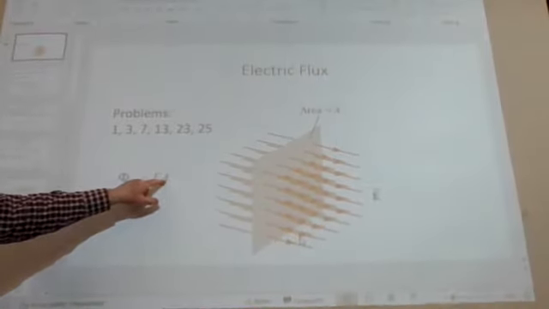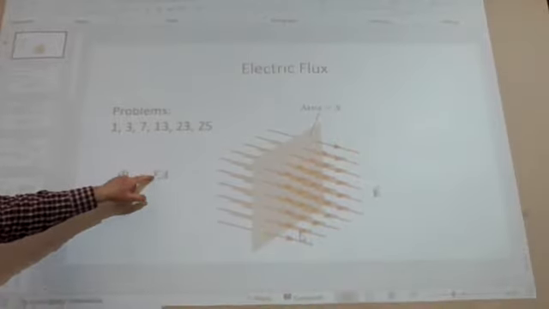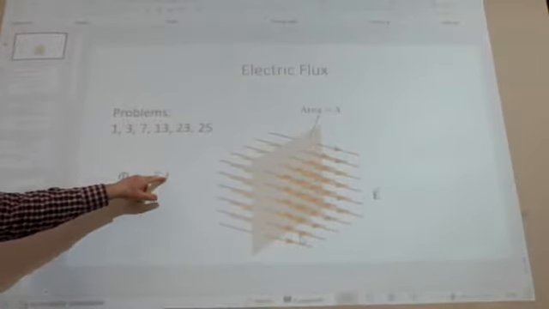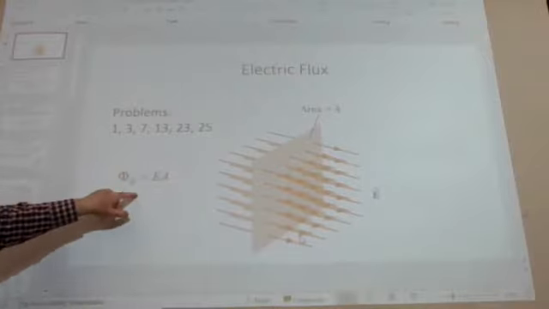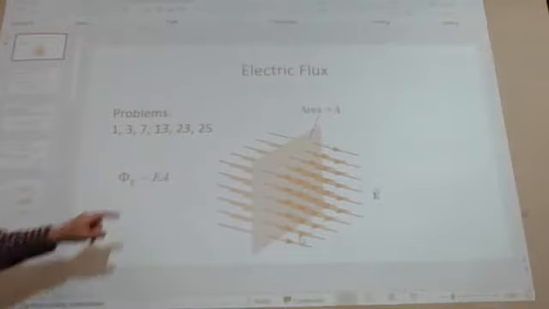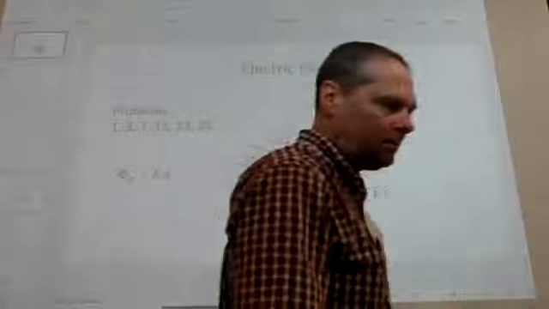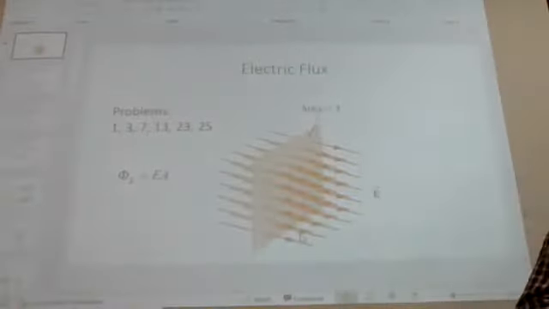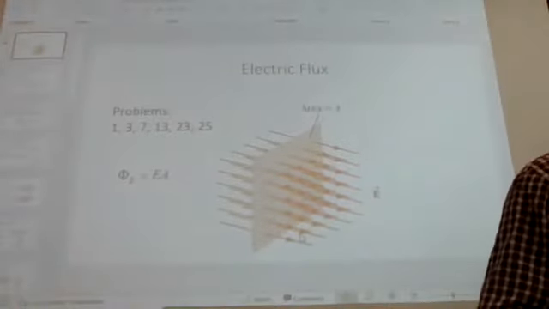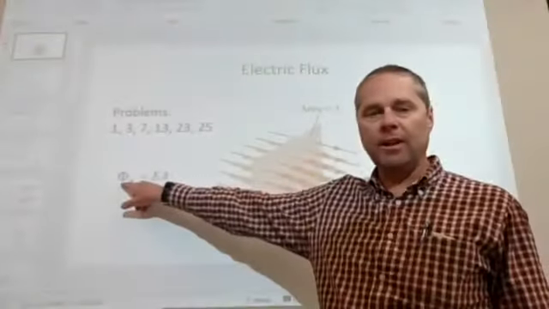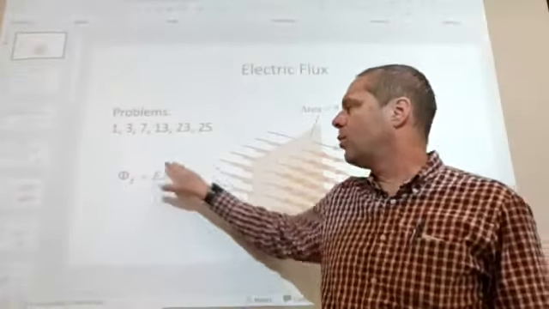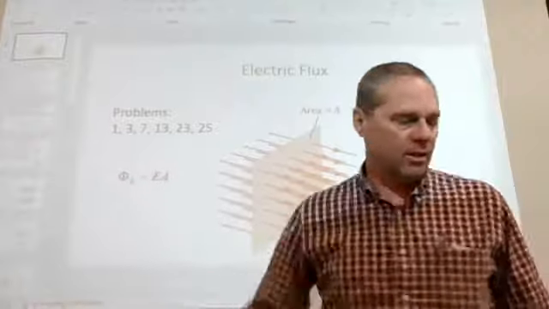So you have the electric field dotted into the area, and you get a scalar. This is the symbol for the electric flux, and this is the equation for the electric flux.